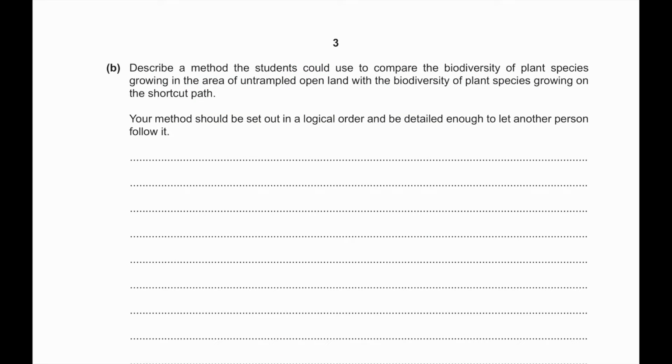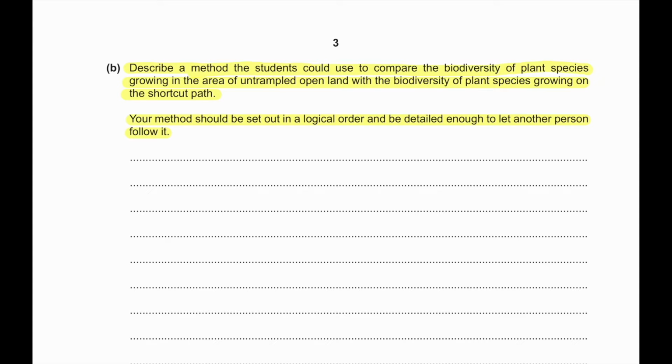Part B. Describe a method that the students could use to compare the biodiversity of plant species growing in the area of untrampled open land with the biodiversity of plant species growing on the shortcut path. Your method should be set out in a logical order and be detailed enough for another person to follow it.